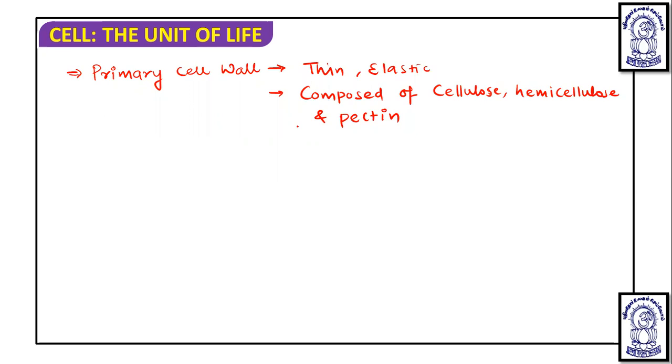As the cell matures, it gradually diminishes, and it is capable of growth because it is thin and elastic.